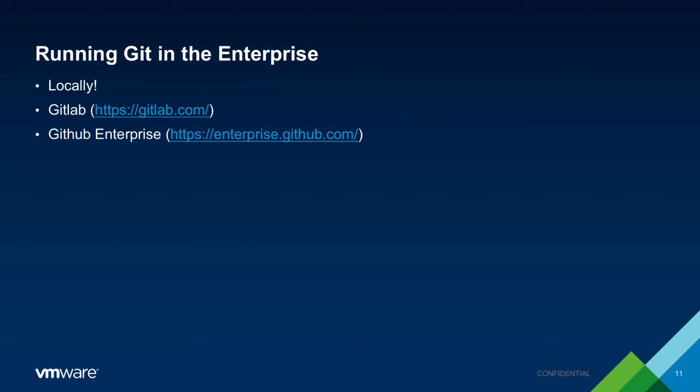GitLab comes in a community edition as well as a paid enterprise version. So if your organization is not up on using free open source community software, but you might need some support along with it, then GitLab does have that enterprise version. And then of course there's GitHub Enterprise. So if you're already used to using GitHub, or maybe you want the GitHub feel, then GitHub Enterprise is also available.